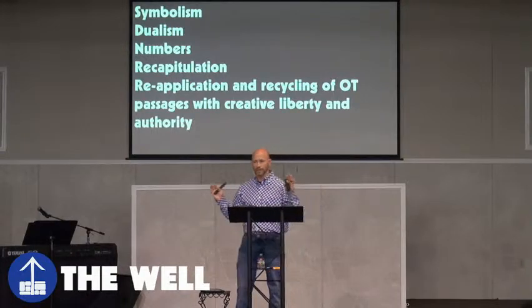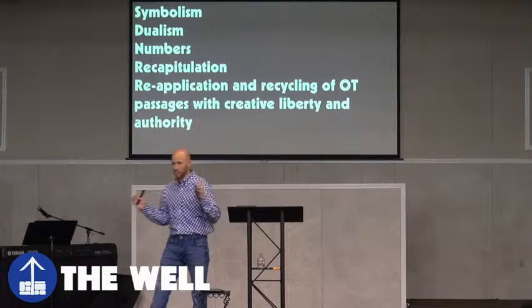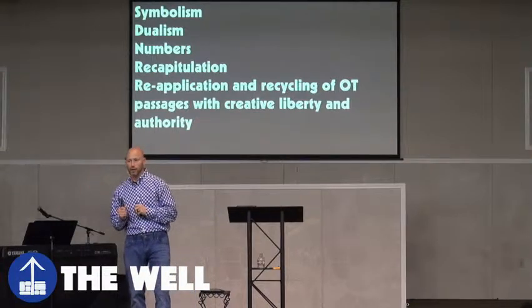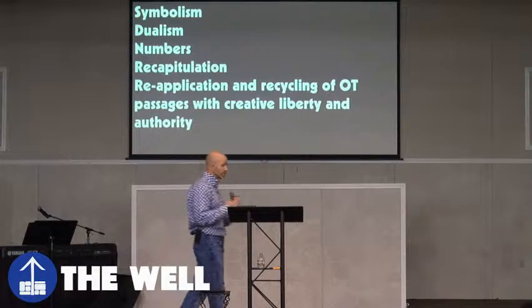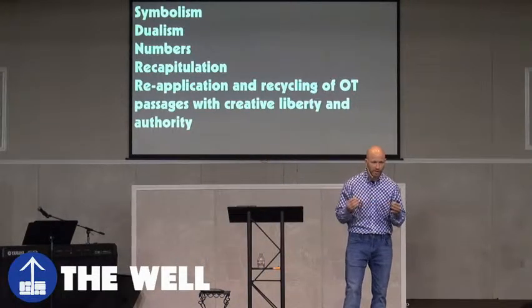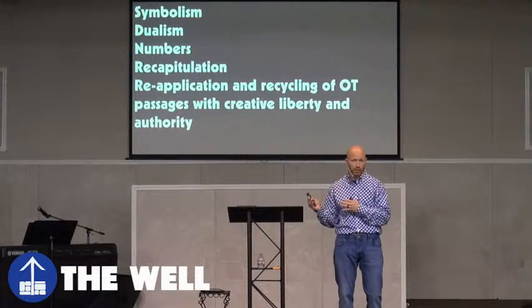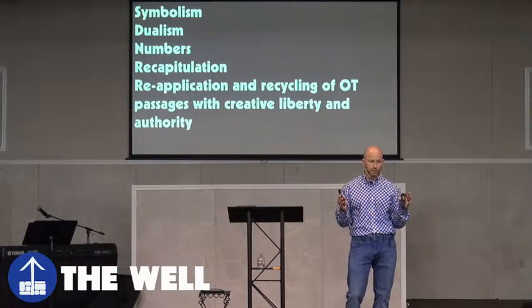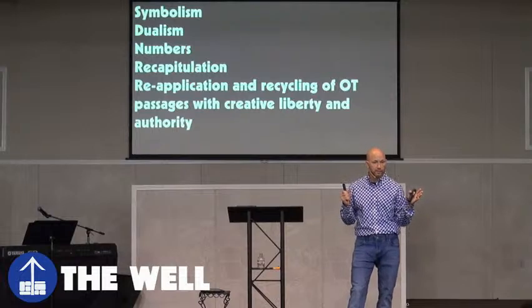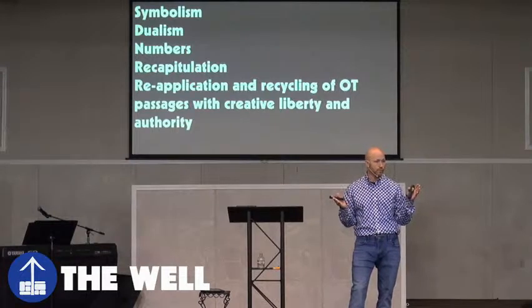Parallel or contrasting by juxtaposition, by polar opposites. And that's what we see. We see this in John's gospel, and that's great evidence for same author of the Gospel of John and Revelation, is dualism. There is the bride and the whore.